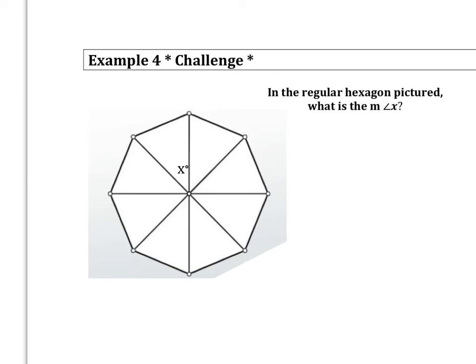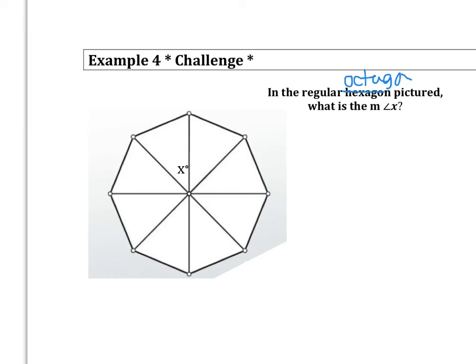So what we would first want to find is what is the type of figure. Now it says it's a hexagon, so that makes this somewhat easy for us. However, that's a typo. It is an octagon. Sorry about that. So this is an octagon because we can see that it has 8 sides. So then we're looking for the measure of angle x.